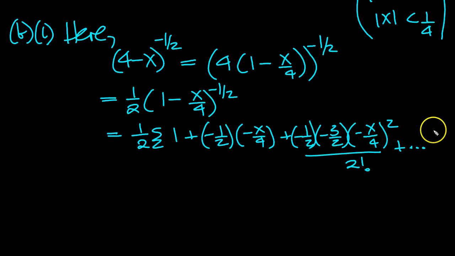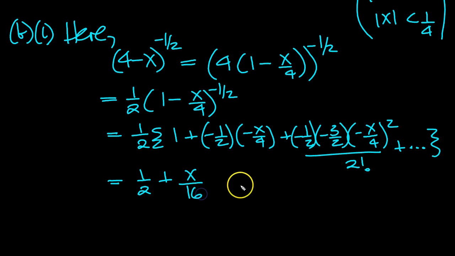So what have we got here then? Close brace. So that's equal to a half here. Minus times minus is a plus. We've got 8 underneath here. Times a half is a 16th. So it's x over 16.